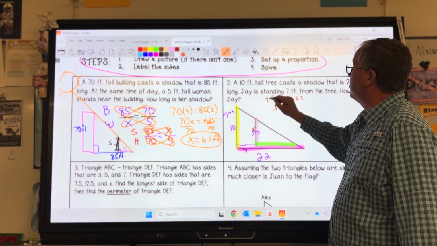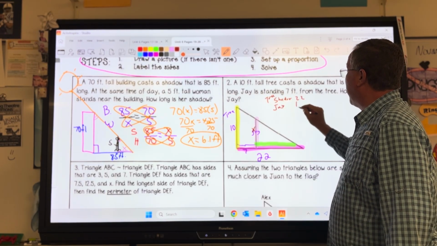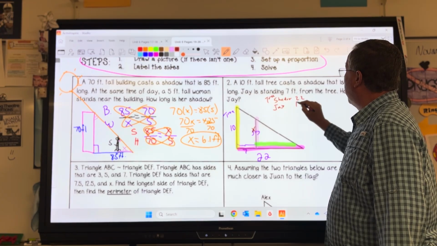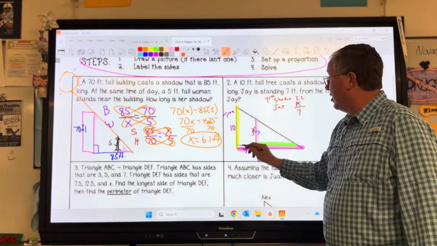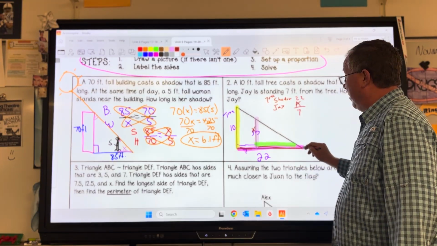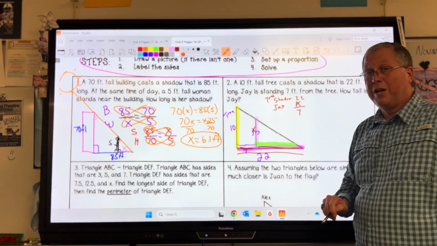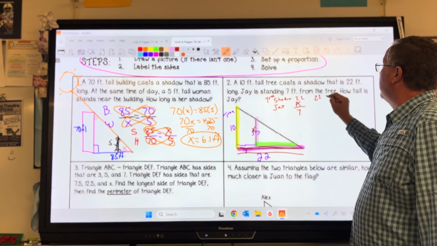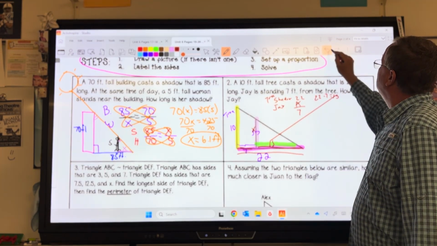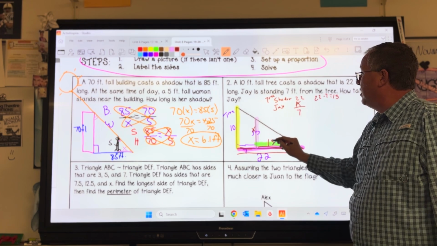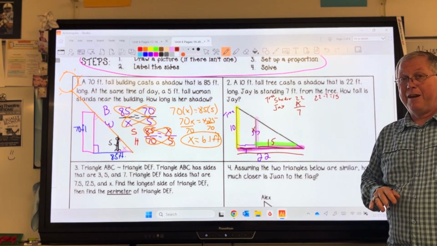J shadow, we don't know, but the leftover is 7. So the whole length is 22. If I take 22, subtract 7, I get 15. So J's shadow is 15.